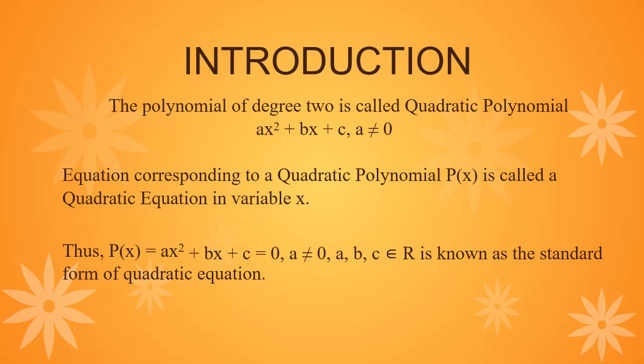We are equating general form of quadratic polynomial with 0. So when we equate quadratic polynomial, that polynomial gets converted into quadratic equation. So ax square plus bx plus c equals to 0 is known as the standard form of quadratic equation, where a, b, c are real numbers and a should not be equals to 0.